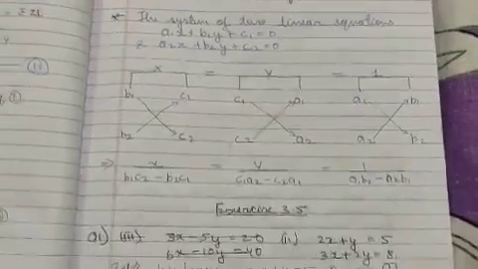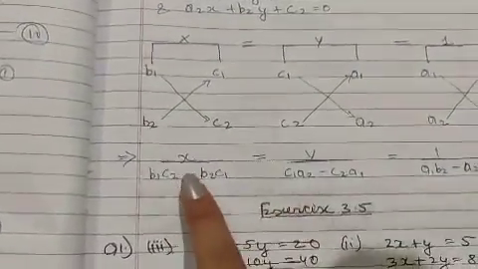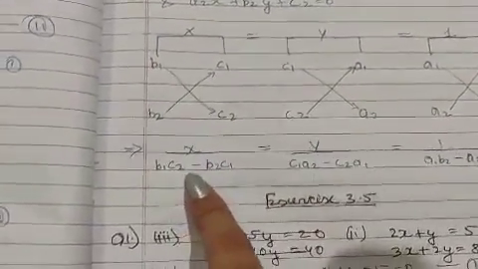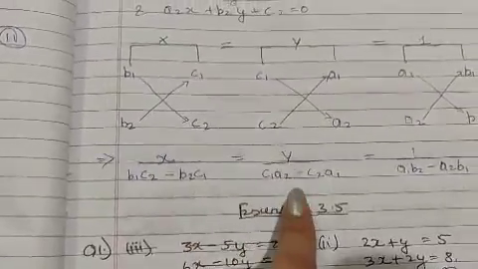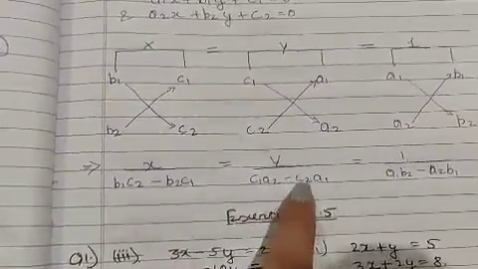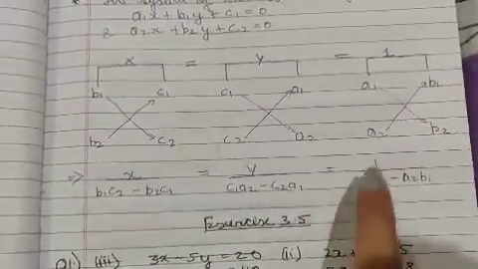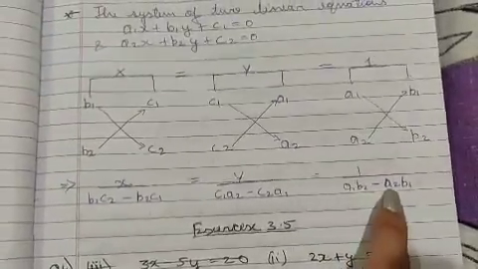After this we get x upon b1 c2 minus b2 c1 is equal to y upon c1 a2 minus c2 a1 is equal to 1 upon a1 b2 minus a2 b1.